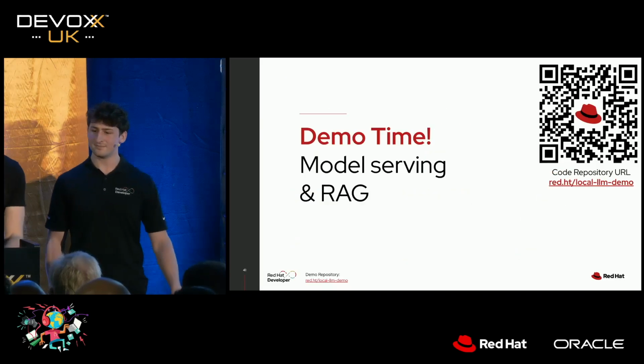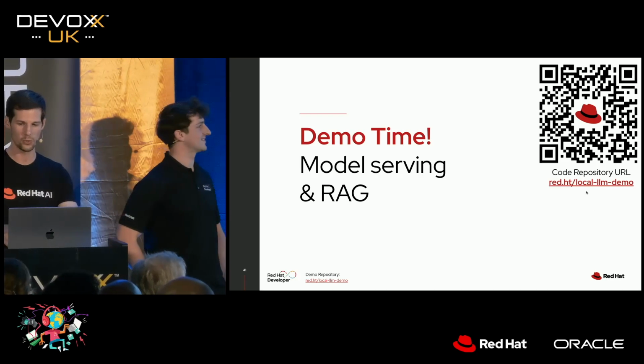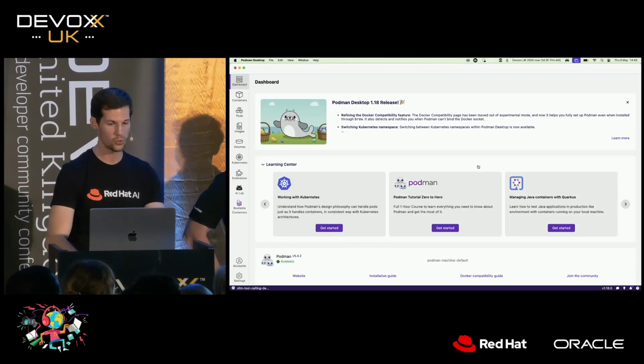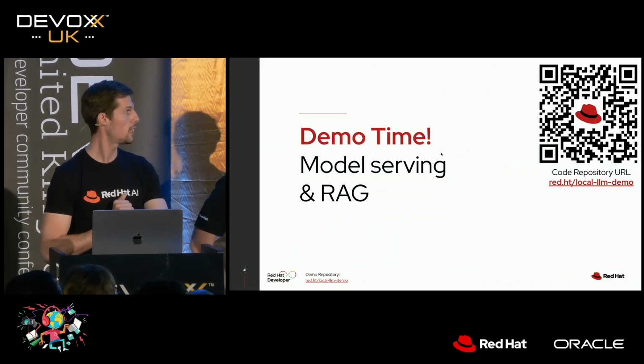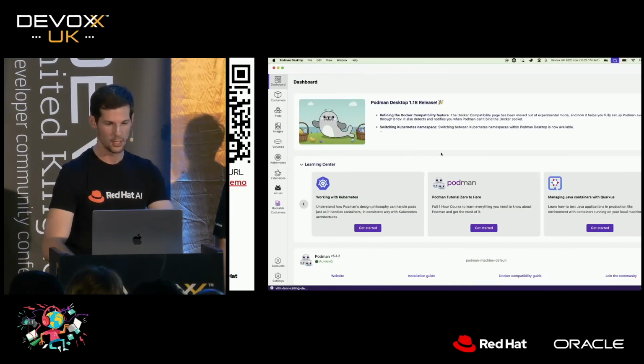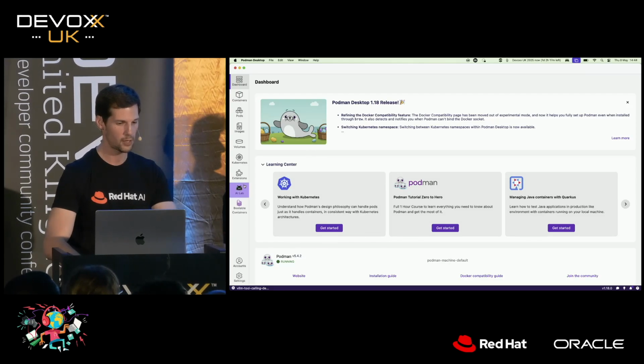All right. So we have the first one. Everything is open source. You have this code repository in here. And the first thing that we need is to go to Podman AI. So if you wanted to take a picture, brilliant. We will go to Podman Desktop, and in here we have the extension.